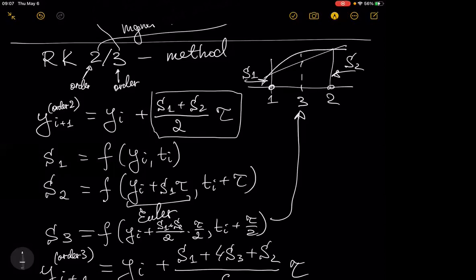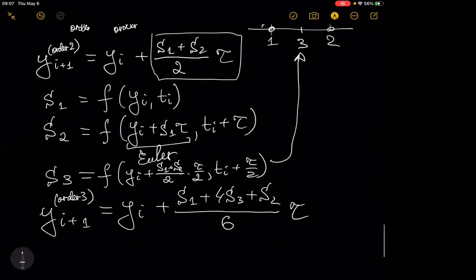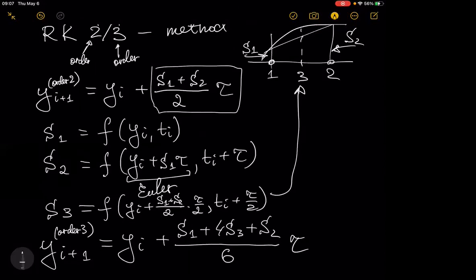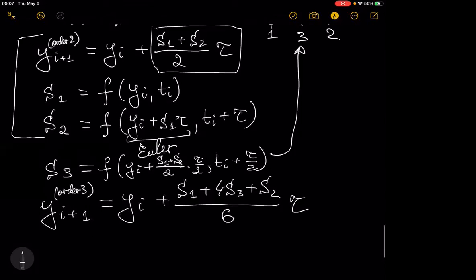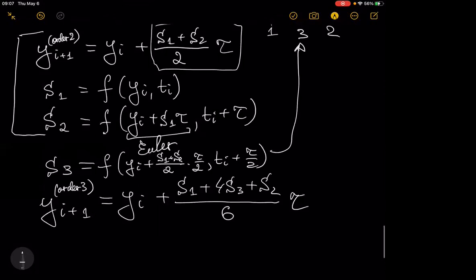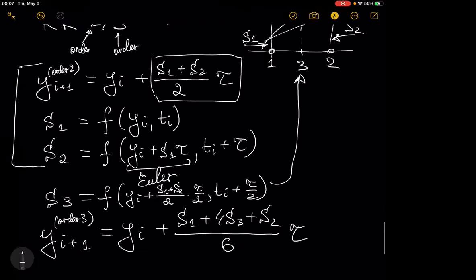For example, this, right? Okay. So what you can see here is that for this evaluation, you use S1 and S2, but for evaluation of the order 3, in order to evaluate the local error, all you need to do is compute just one extra function evaluation, right?